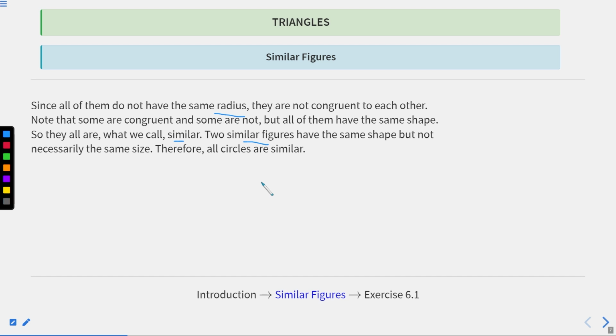All circles are similar, all squares are similar, and all equilateral triangles are also similar.